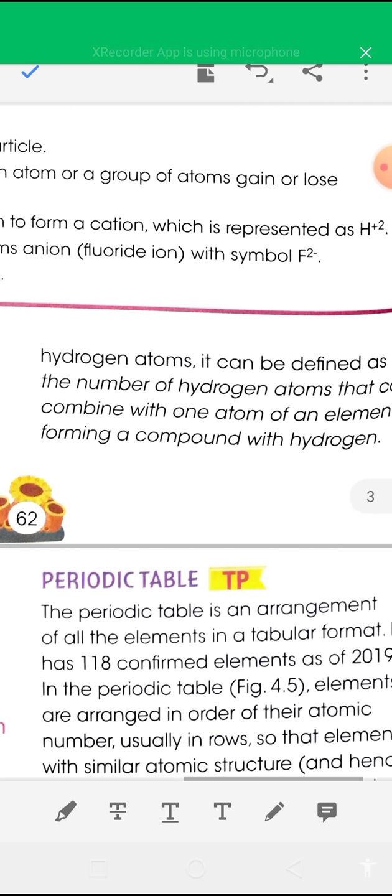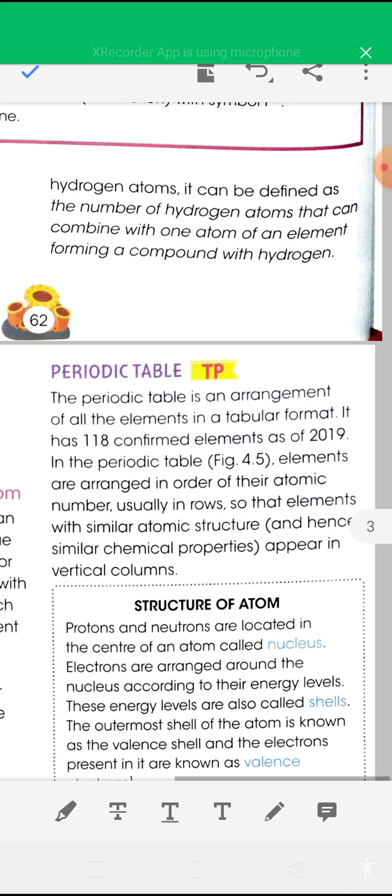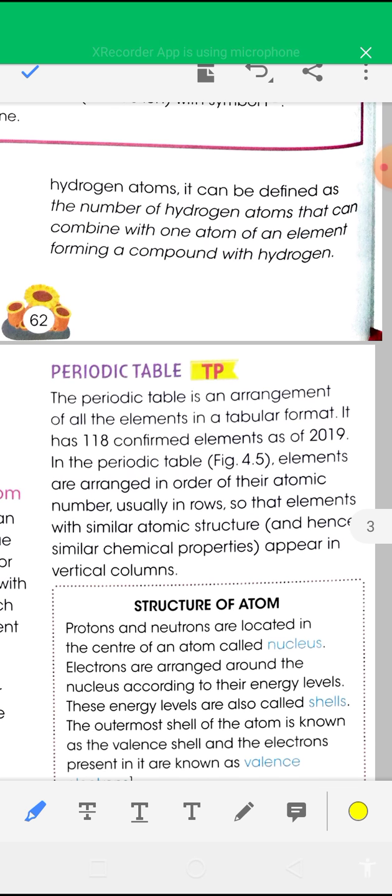In terms of number of hydrogen atoms, valency can be defined as the number of hydrogen atoms that can combine with one atom of an element, forming a compound with hydrogen. For example, in methane, CH4, carbon is directly attached with 4 hydrogens.